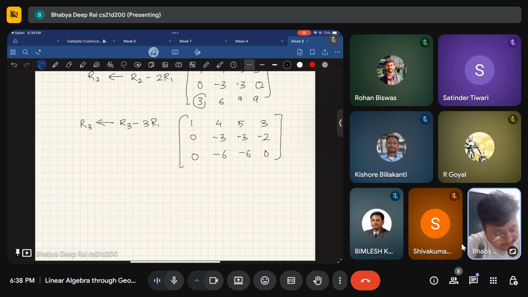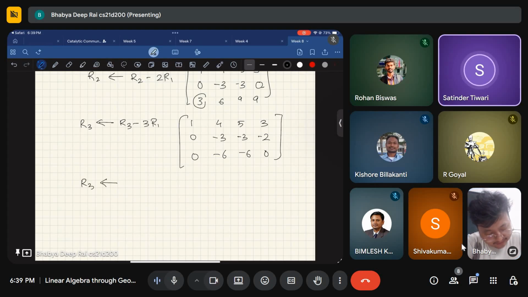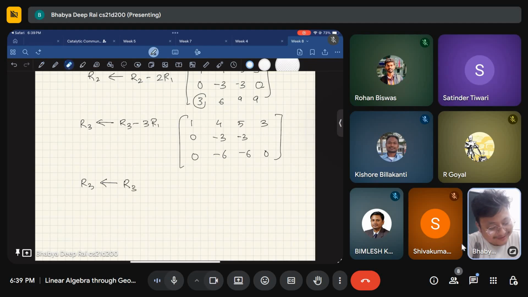So now can we do something further? Now let me try to remove this one by subtracting, so let's do R3. In R3 I do plus 2R2, we have to make it 0. Now it's clearly linearly dependent.